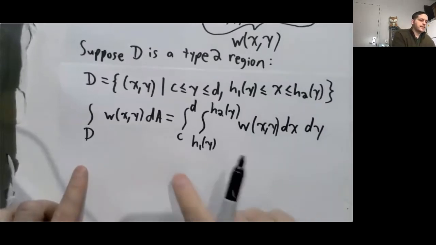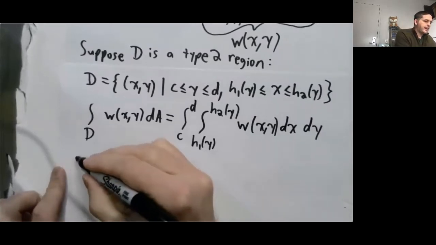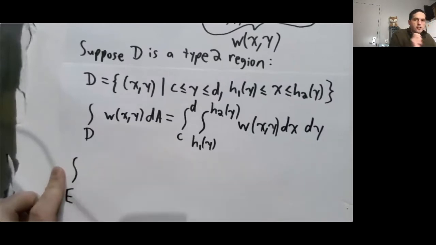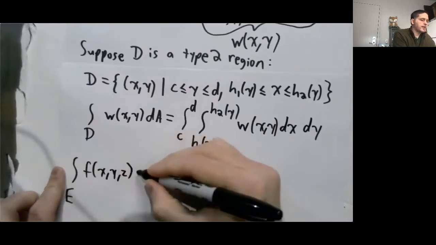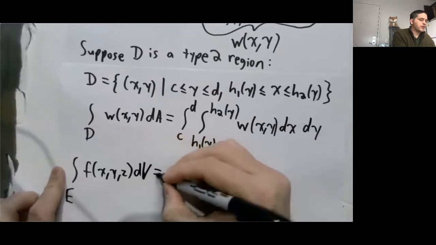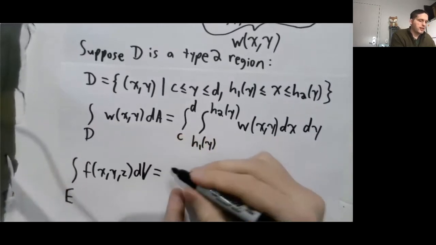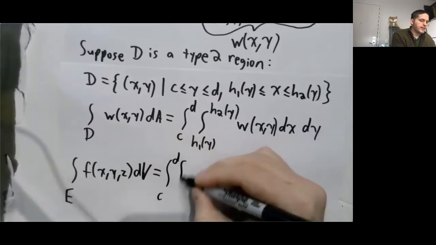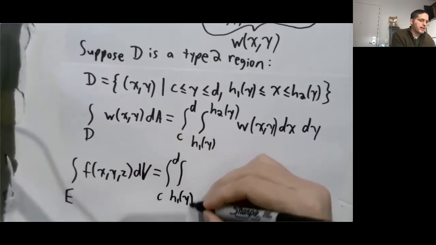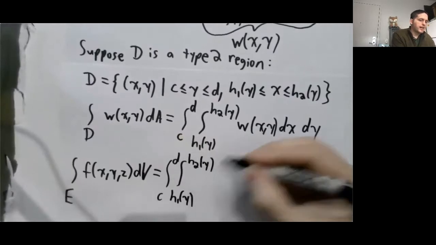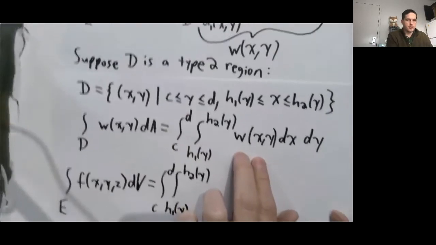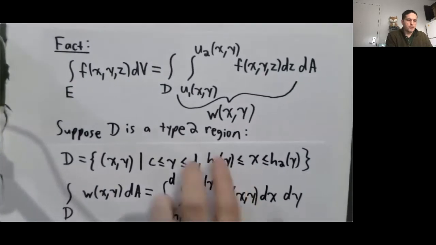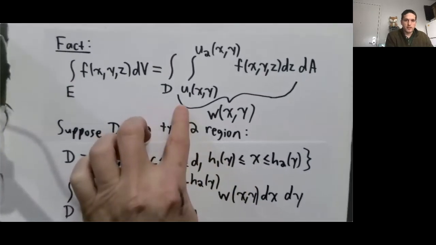So what this means is that in this case, the integral over our solid region E of the function f of x, y, z turns out to be equal to the integral from c to d of the integral from h1 of y to h2 of y. And now I'm going to replace w with the expression that we have for w. Remember, this is the expression that we have for w.